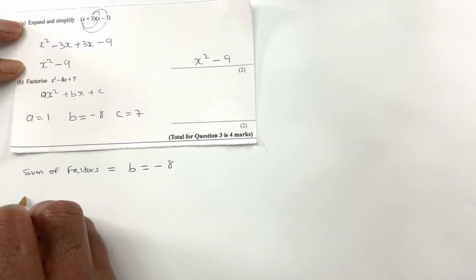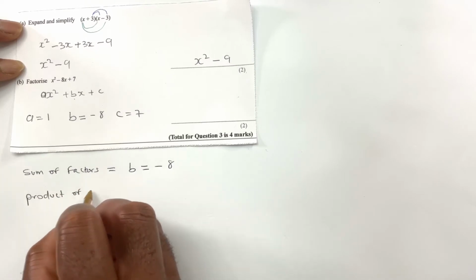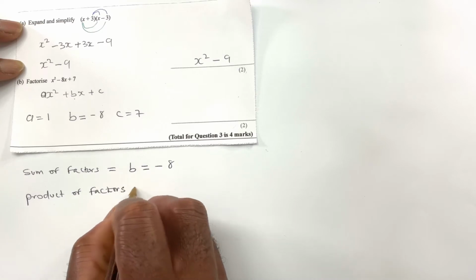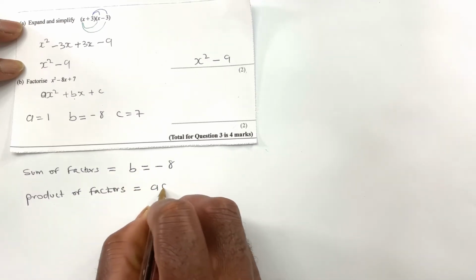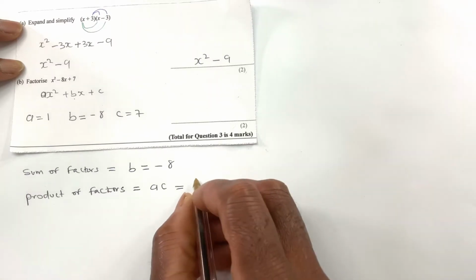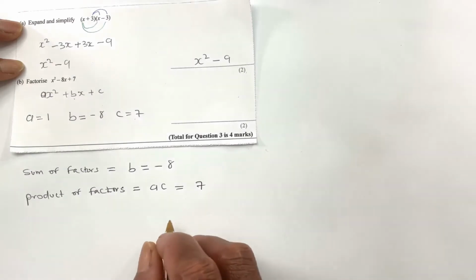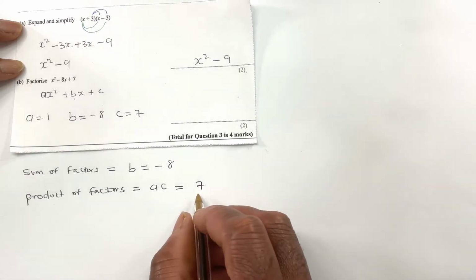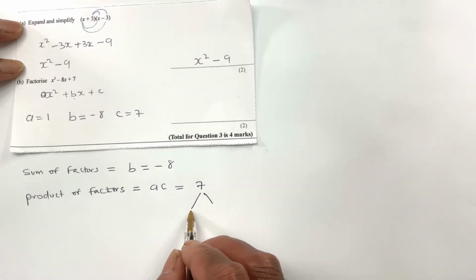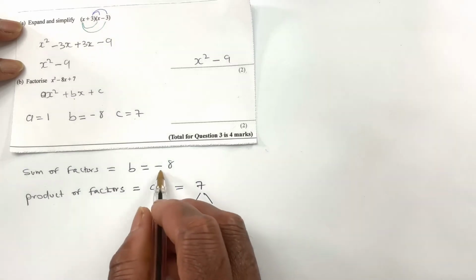I also want to find the product of factors, and that has to equal a times c, which equals 7 times 1, which is 7. So I want two factors. When I multiply them together, I get 7. When I add them together, I get minus 8.